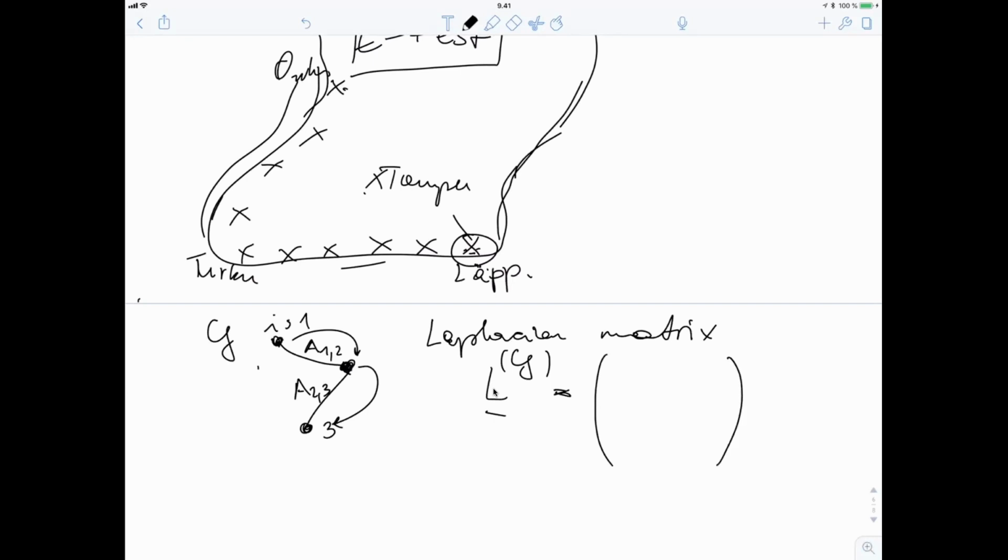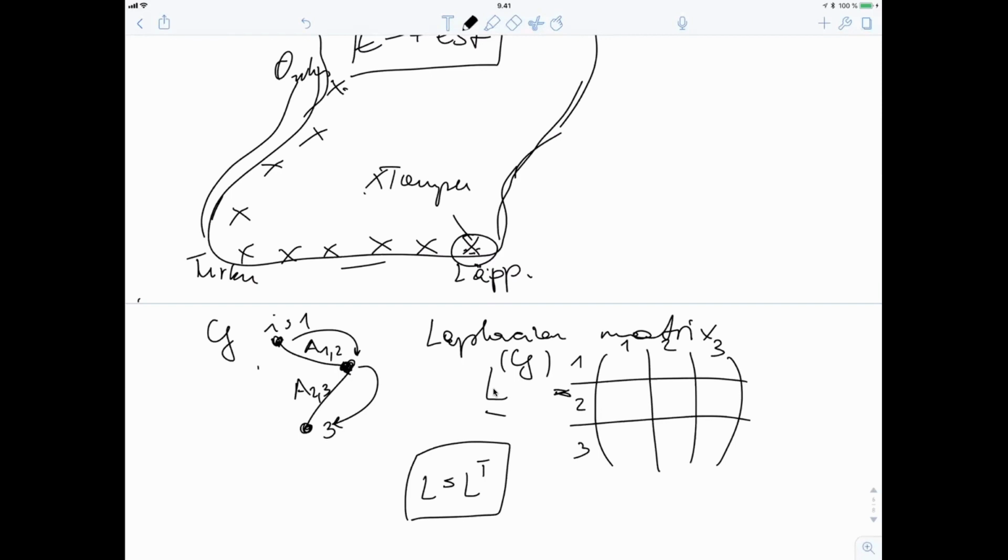In this case, the Laplacian matrix is a matrix with 3 rows, one row corresponding to each node and one column corresponding to each node. So the first row corresponds to node 1, the second row to node 2, and the third row to node 3. Similarly the columns, because the Laplacian matrix is symmetric. So L equals L transposed.